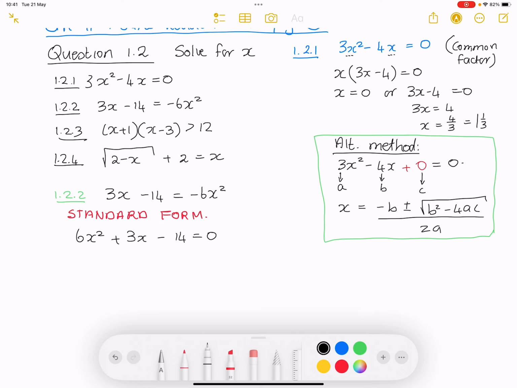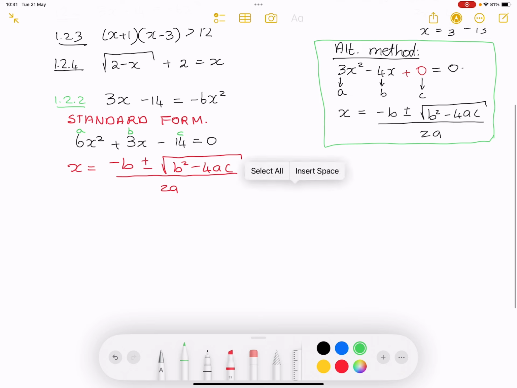Okay, then you use your formula. x is equal to minus b plus or minus the square root of b squared minus 4ac over 2a. Now you must see, this is the value of a, this is the value of b, this is the value of c.